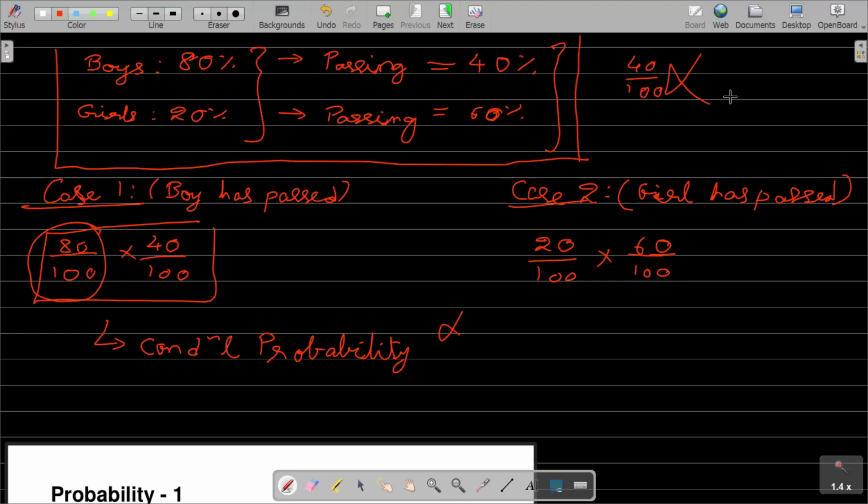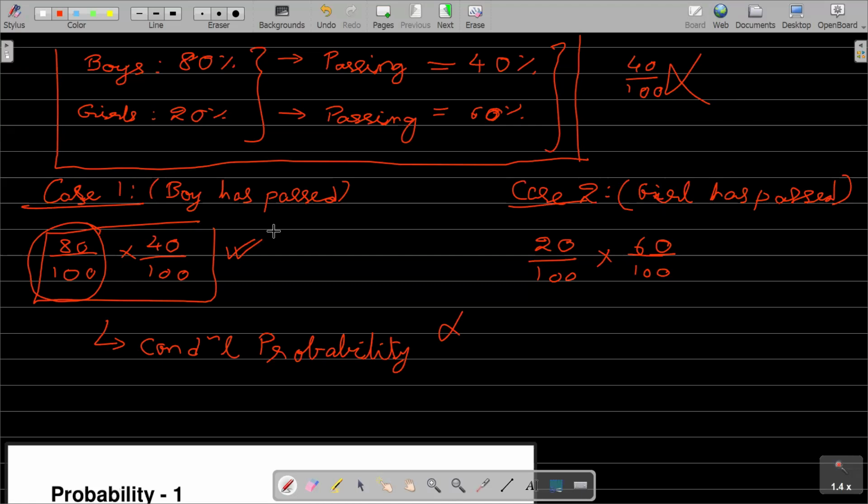Because the question is phrased in such a way that a condition is being put on the probability we have to calculate. If the question says what is the probability that a randomly selected student has passed if the student is a boy, then the answer will not be 40 by 100. The answer will be 80 by 100 into 40 by 100.